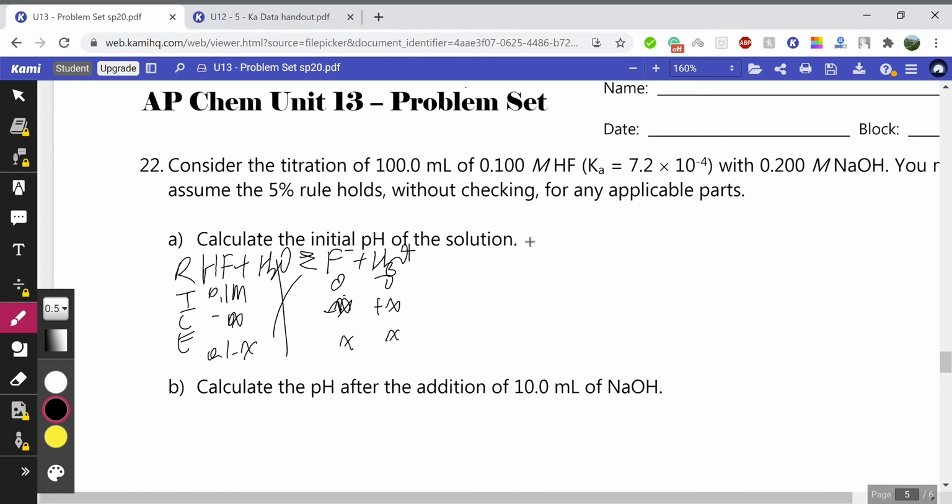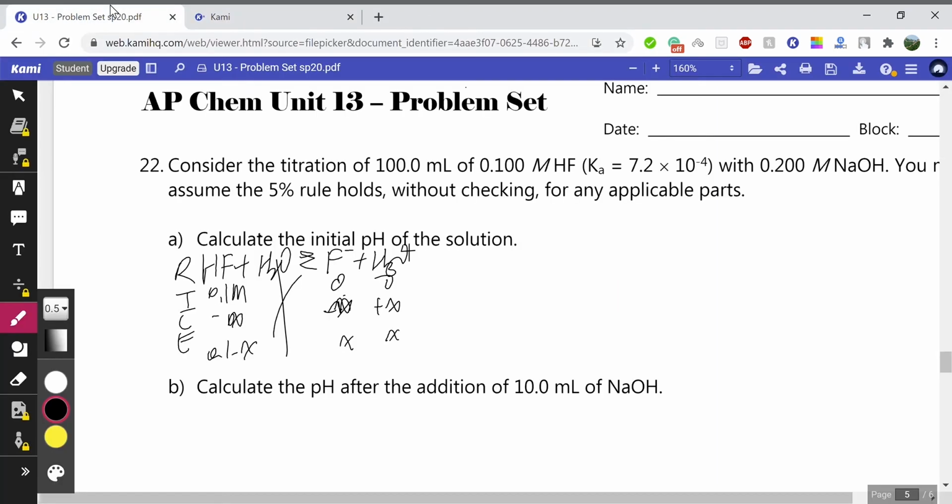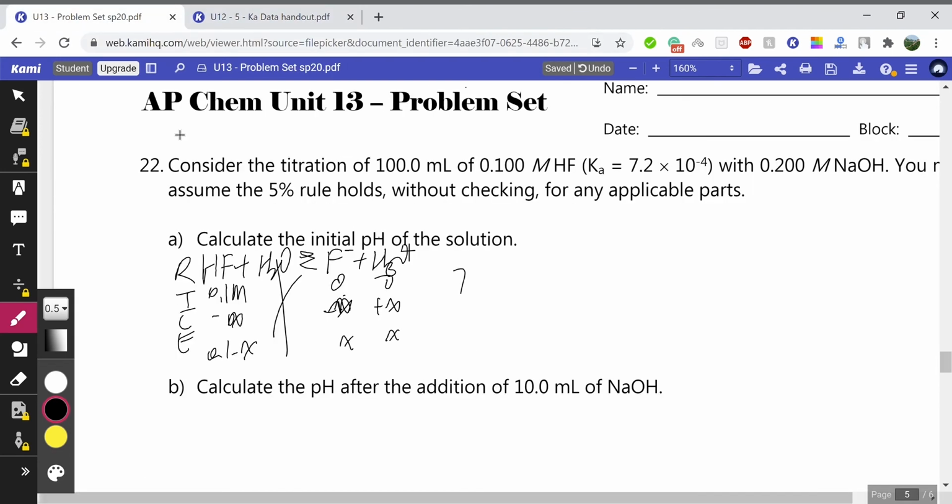What is the Ka for HF? We're going to be using Ka because of the H3O plus we're producing. So Ka of HF is going to be 7.2 times 10 to the negative 4th power, which is equal to x squared divided by 0.1.